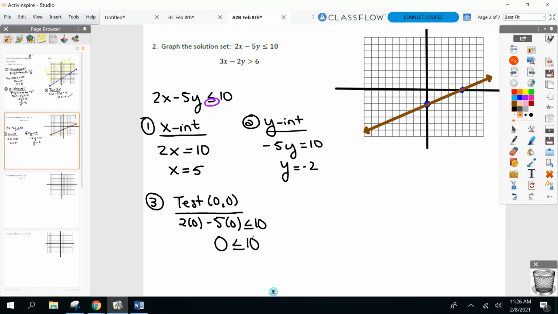Yep. Okay, so that means I got to make sure 0, 0 is part of my shading. So take one of your colors, shade her in nice and neat. Don't make it like you have the pen in your mouth or between your toes.